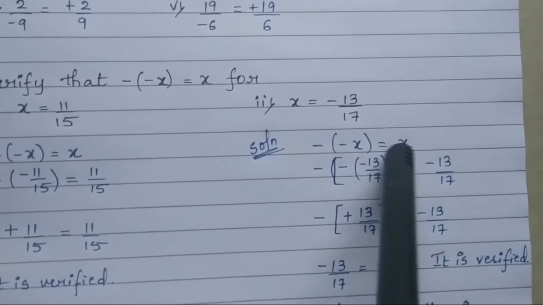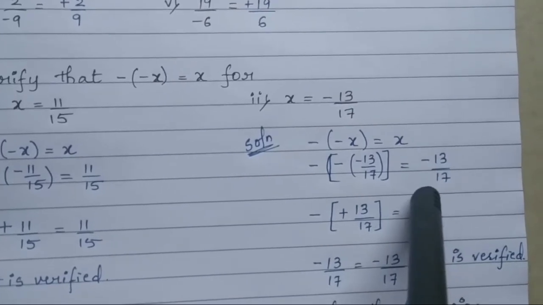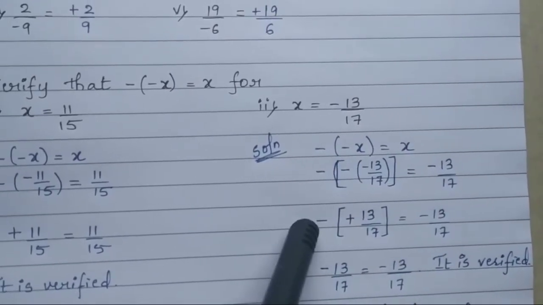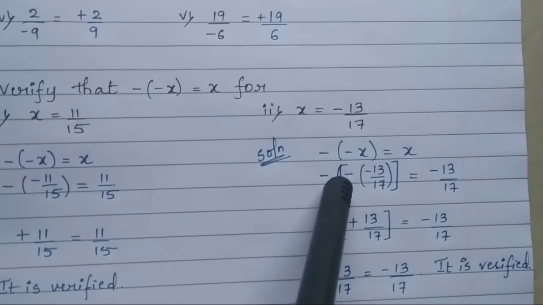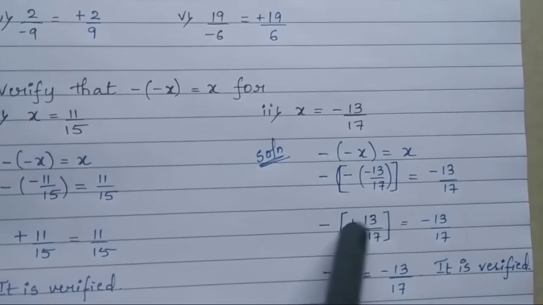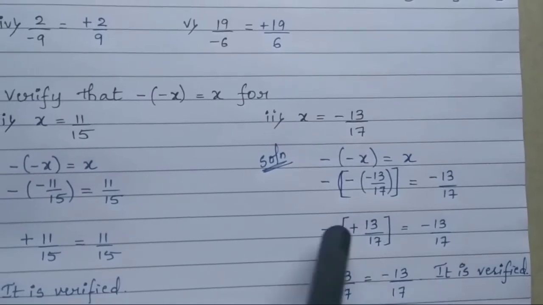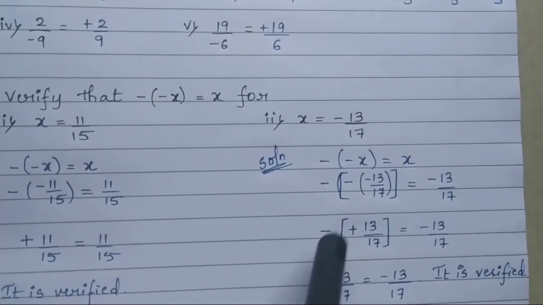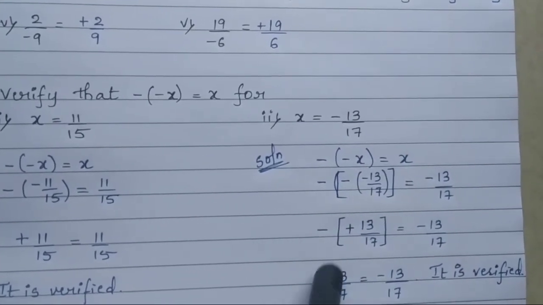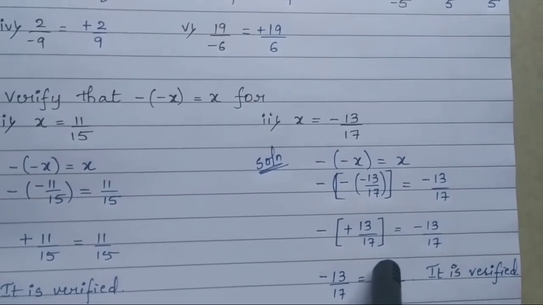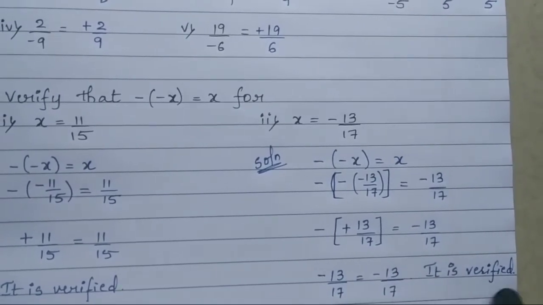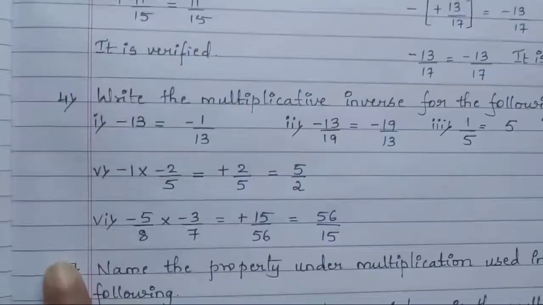Here you can see this minus as it is, and minus into minus will become plus 13 by 17, which is equal to minus 13 by 17. So plus into minus will become minus 13 by 17, which is equal to minus 13 by 17. Even this is verified.